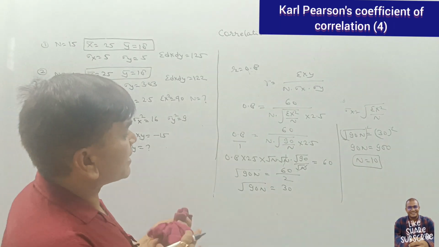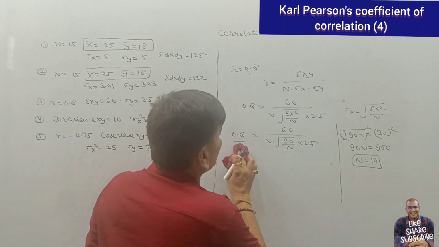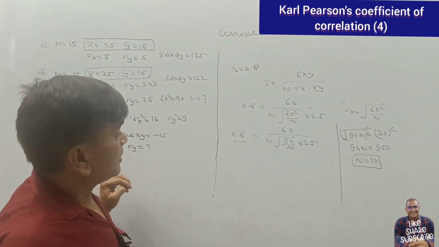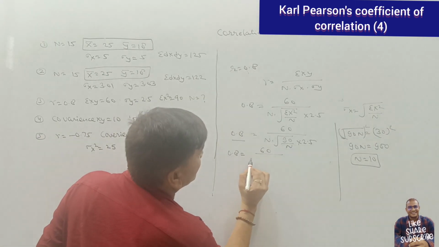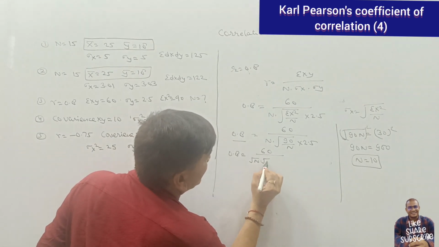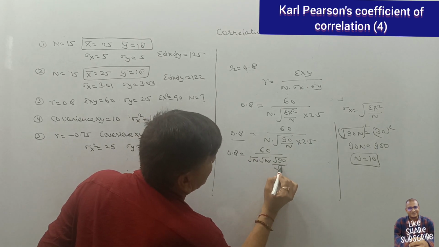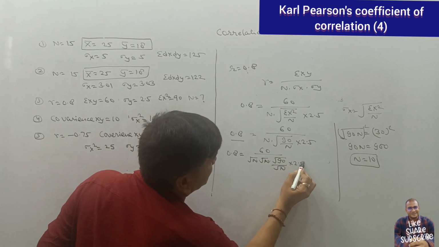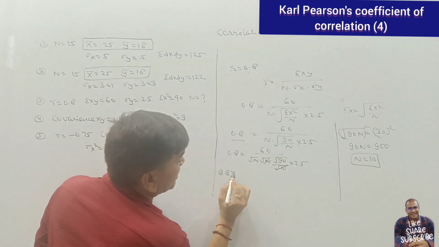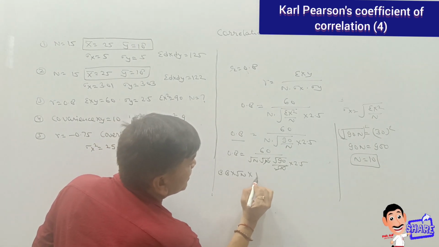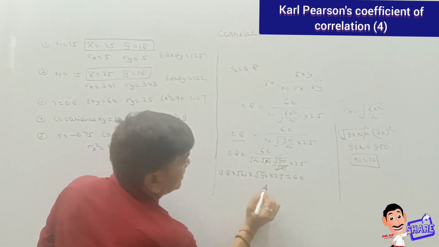So once again I am repeating this step. Here what we are doing, 0.8 is equal to 60 divided by root n, root 90 by root n multiply 2.5. Root n to root n cancel. So 0.8 multiply root n multiply root 90 multiply 2.5, that is 60.